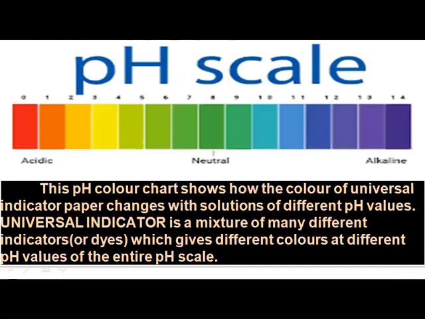This pH color chart shows how the color of the universal indicator paper changes with solutions of different pH values. We have common indicators. These common indicators tell us whether the given substance is an acid or a base.